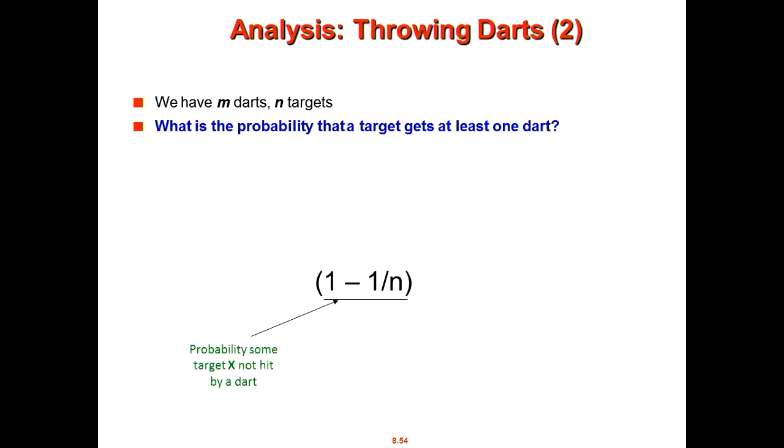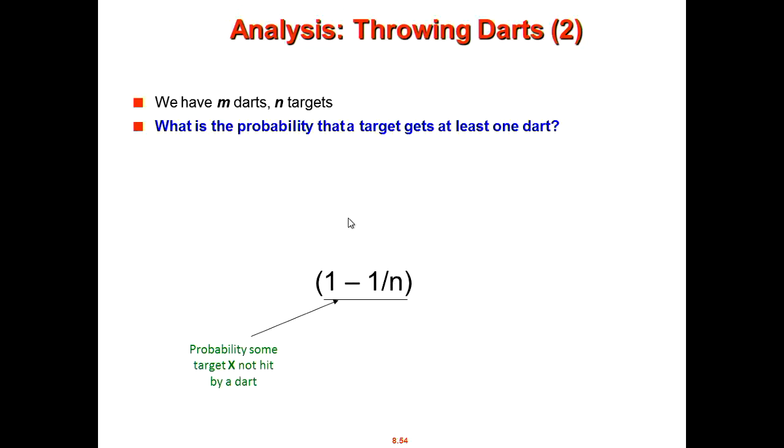Let's look at this analysis step by step. The first is the probability that some target X is not hit by a dart. The probability that some target gets hit by a dart is 1 over n, and not hit by a dart is 1 minus this probability, right?